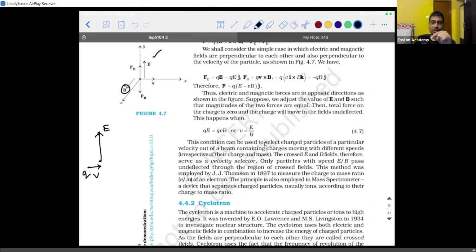When a charged particle is projected perpendicular to an electric field, rather, it will move in a parabolic path. Make a note: when a charged particle is projected perpendicular to an electric field, it moves in a parabolic path.